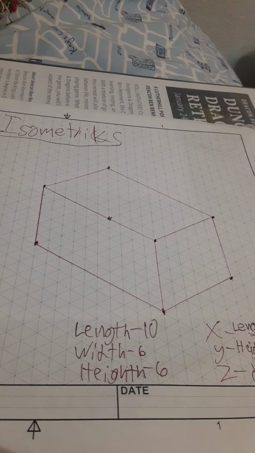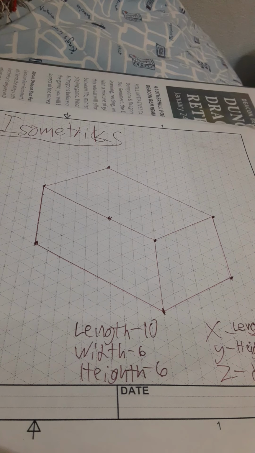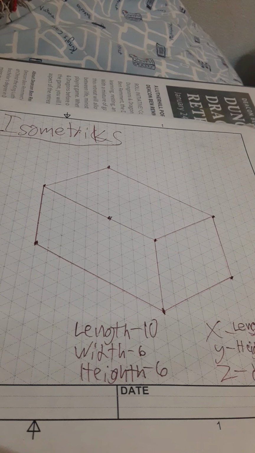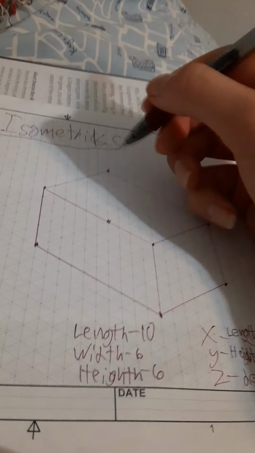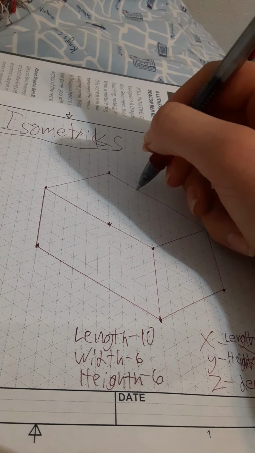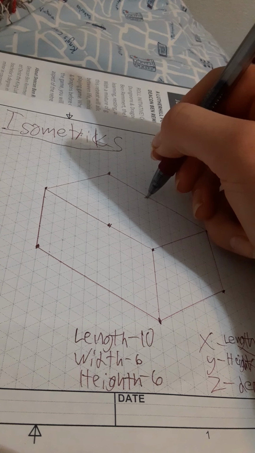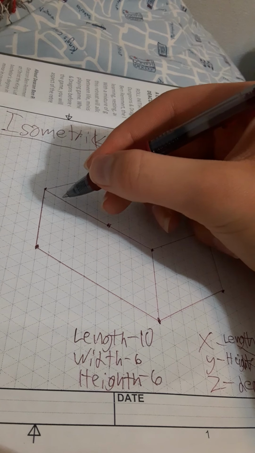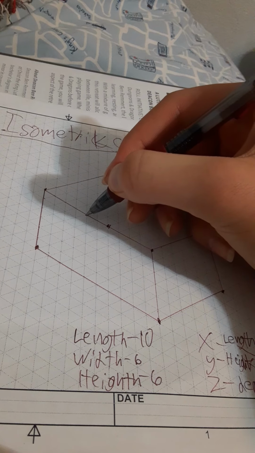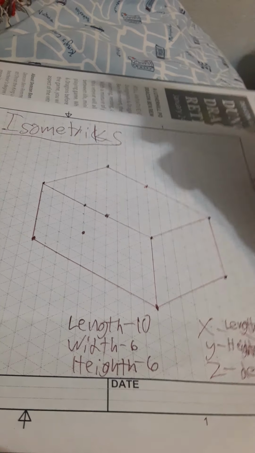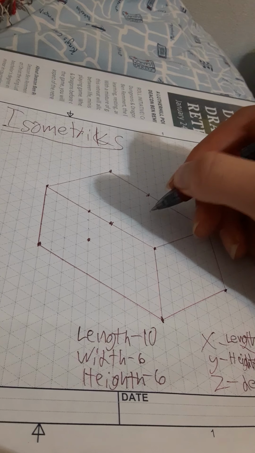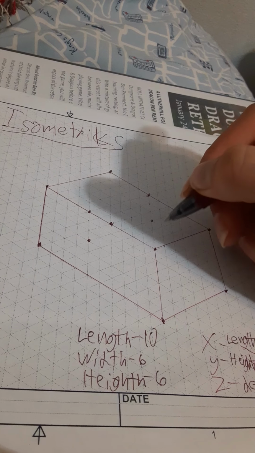Okay. Now we're going to do the same thing that we did with the obliques, just in isometrics. So you're going to go 1, 2, 3, 4. 1, 2, 3, 4. 1, 2, 3. 1, 2, 3.